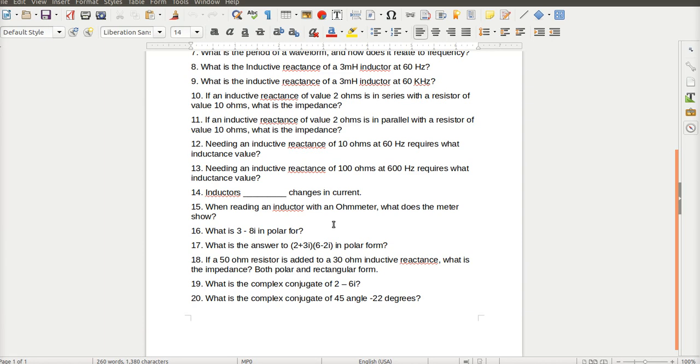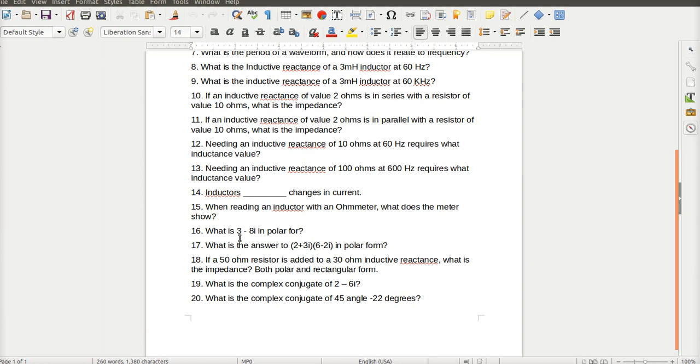The only thing it will show is the ohms of the wire that it was made of. Now, ohming an inductor is of value because sometimes they open up, in which case they don't work anymore. An ohm meter will tell you if your inductor has opened up, but it does not give you the inductive reactance. It does not.